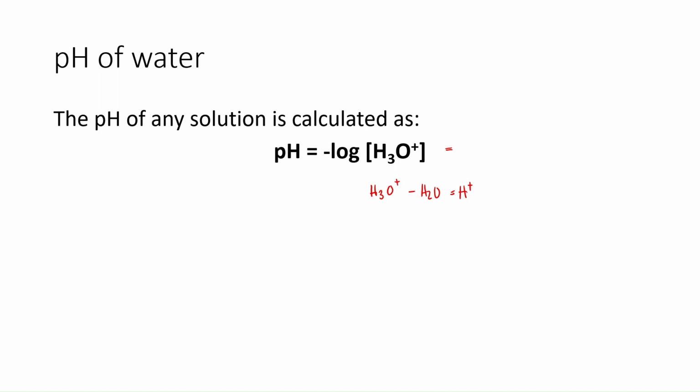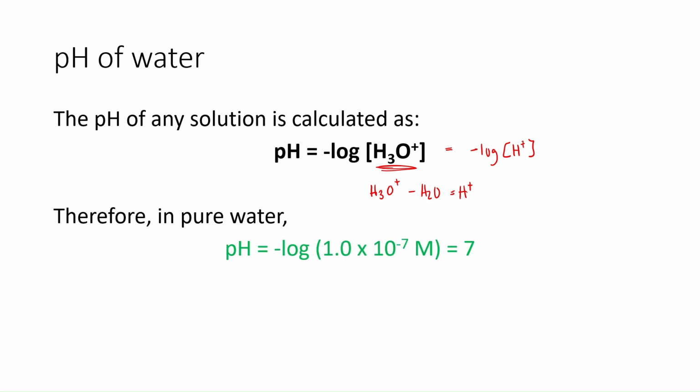So pH can also be written as -log the concentration of protons in a solution. In a real life solution, you would never have just protons swimming around by themselves. They're always attached to a water molecule. That's why it's more correctly written as the concentration of hydronium ions.